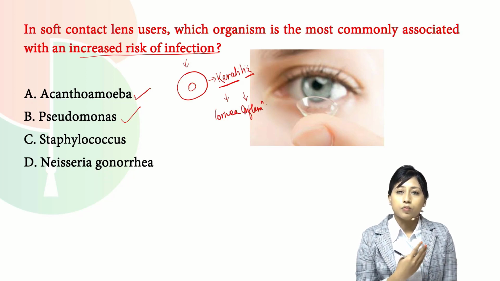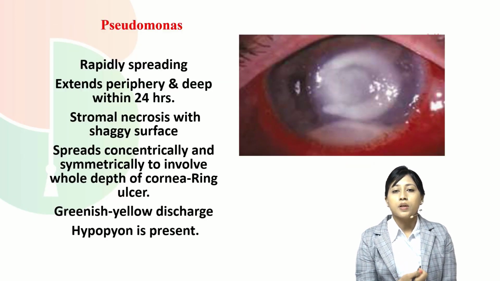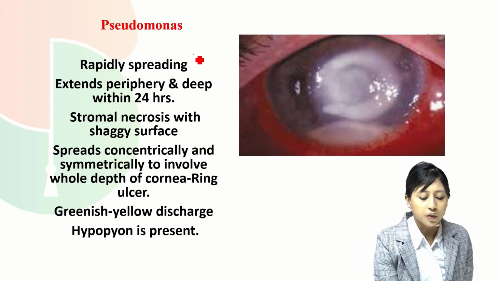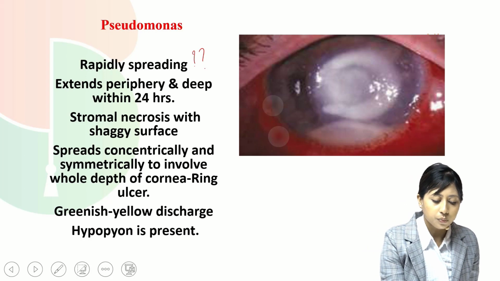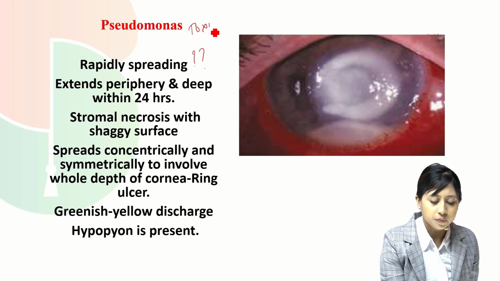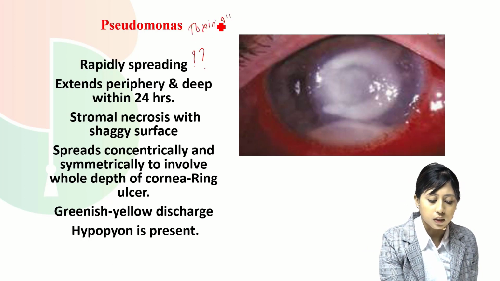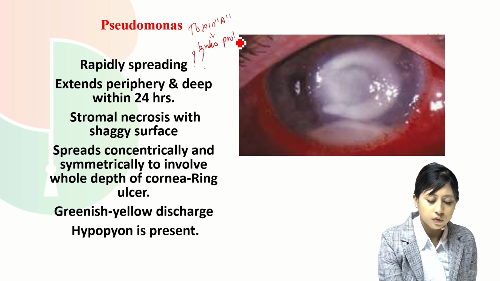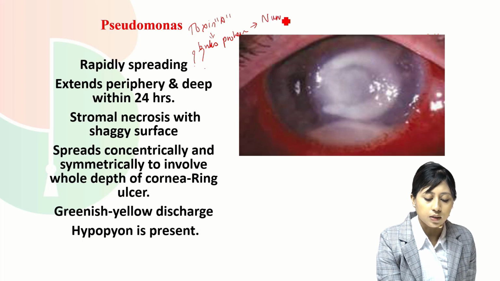So why am I emphasizing Pseudomonas? Because Pseudomonas causes keratitis which is rapidly spreading. And why rapidly spreading? Because it produces toxin A, which breaks down protein due to numerous protease enzymes.